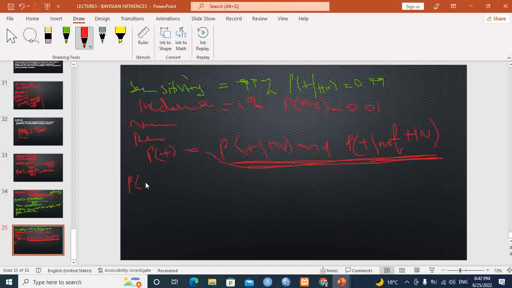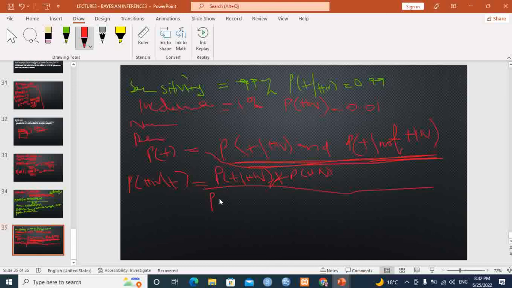So probability of HIV given positive is equal to probability of positive given HIV, which we said is the sensitivity test, times probability of HIV, which we said is the incidence that you get from the epidemiology report.